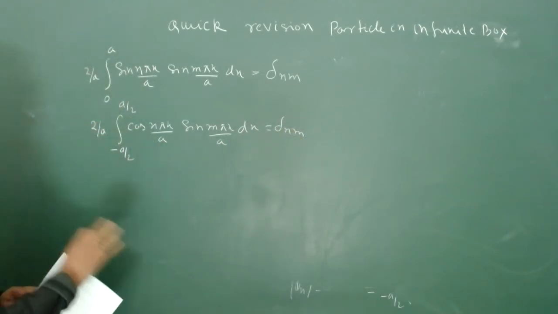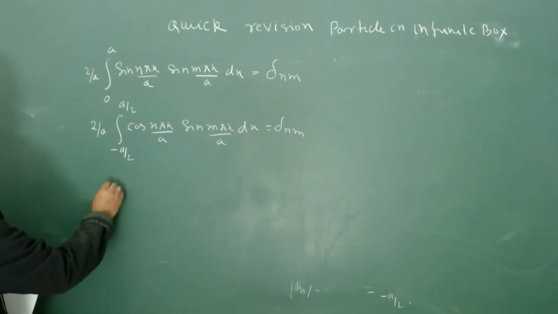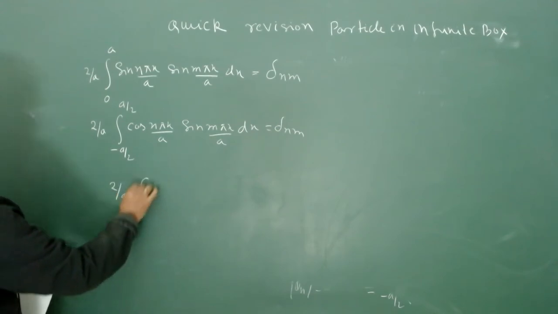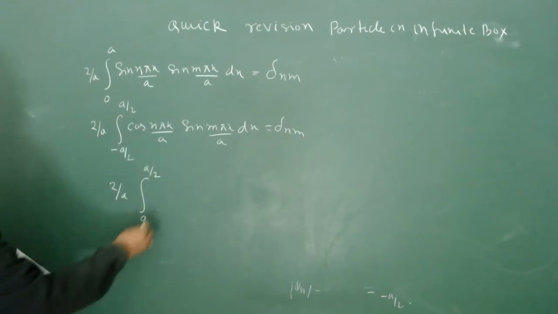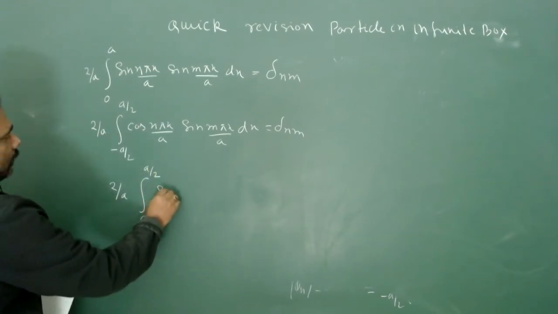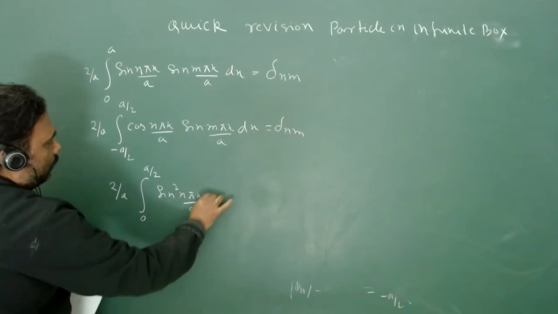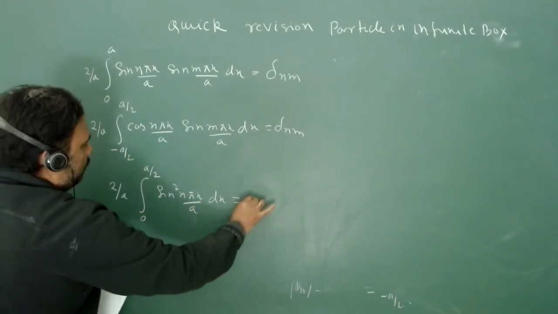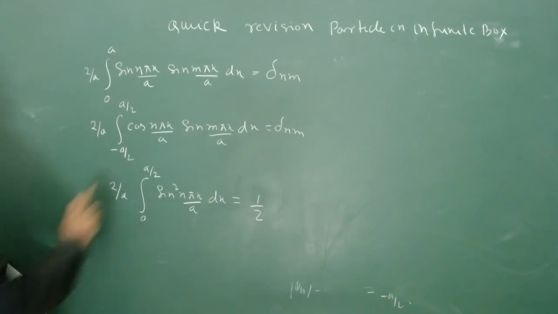You can use the orthogonality relation here, but this integration is very important: 2 upon a, between 0 to a by 2, sine square n pi x upon a dx is equal to half. So here it is 0 to a by 2. You should always remember this thing.